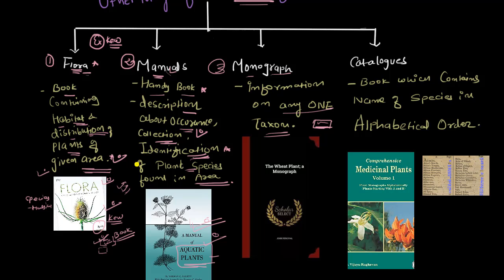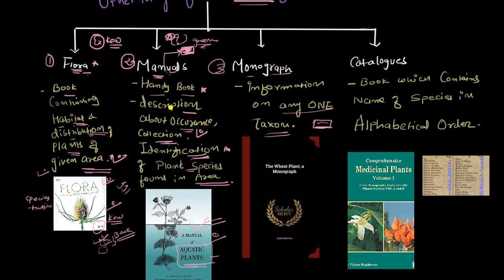Then I wanted to know about a certain area in this whole Kew garden, what the plants of this specific area are. For that I am going to go for that specific area's manual. For example, here is an aquatic plants manual, or whatever they have named it.